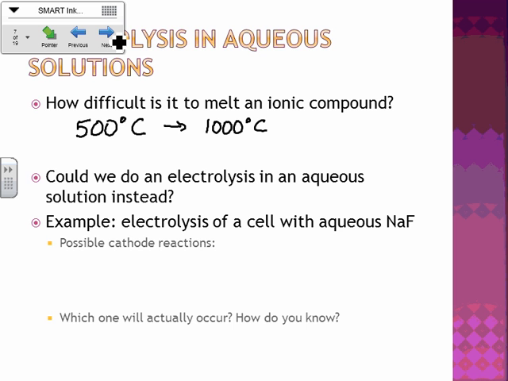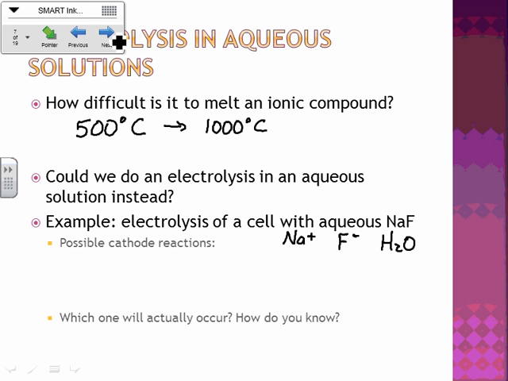So as soon as we do that, we've basically got three things in the solution, okay? We've got Na plus, we've got F minus, and we've got H2O. Those are the three things that are in that solution. Does that make sense? So when we pass electricity through this thing, there are two possible cathode reactions that could take place, okay?